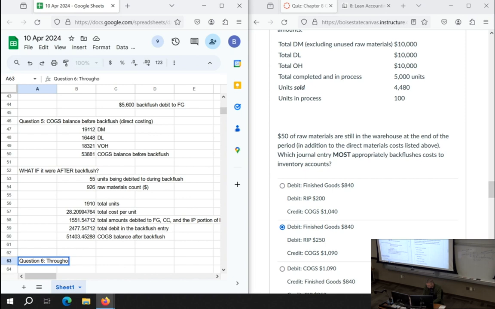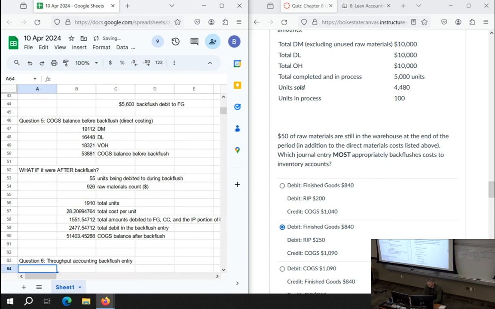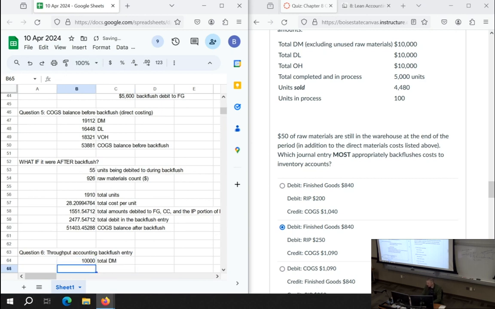Question 6, throughput accounting backflush entry. And we have 10,000 total DM. We have 5,000 total units.